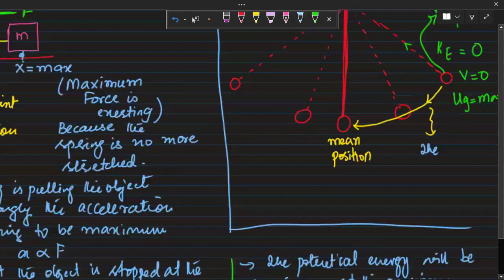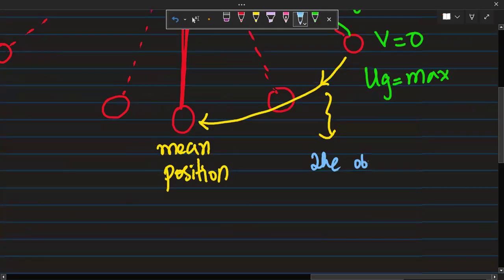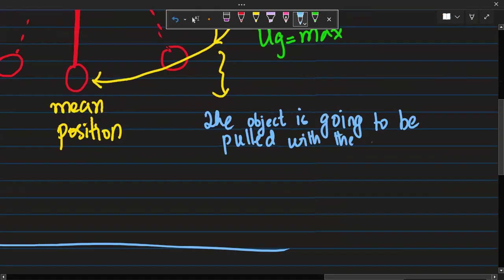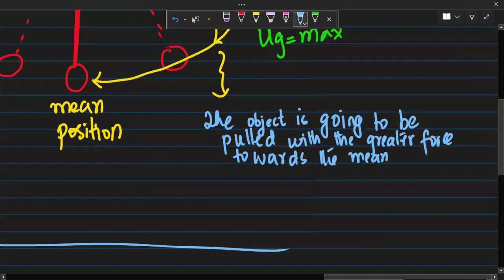The object is going to be pulled with the greater force towards the mean position, or we call it the reference point, right?